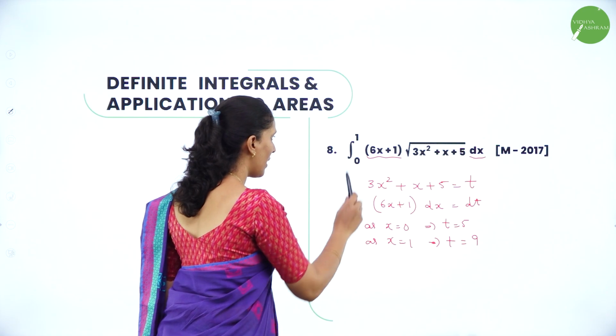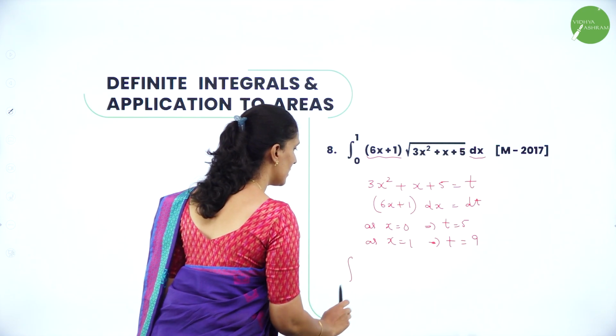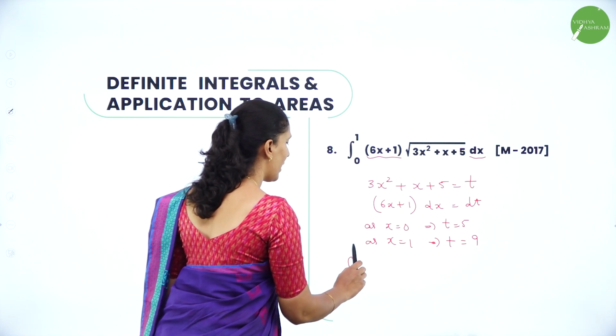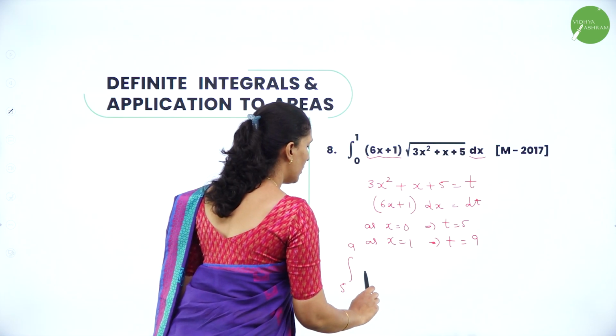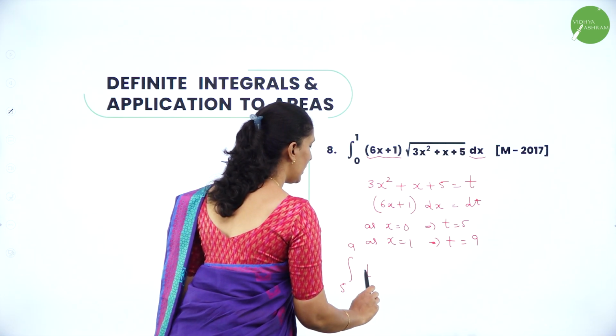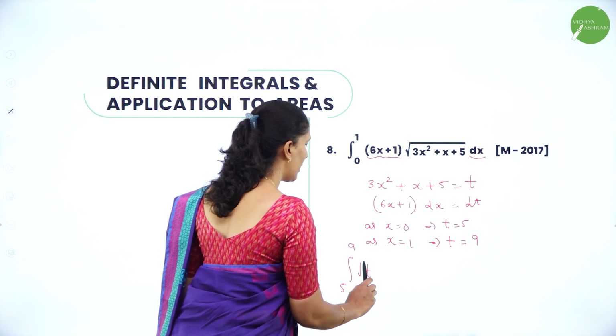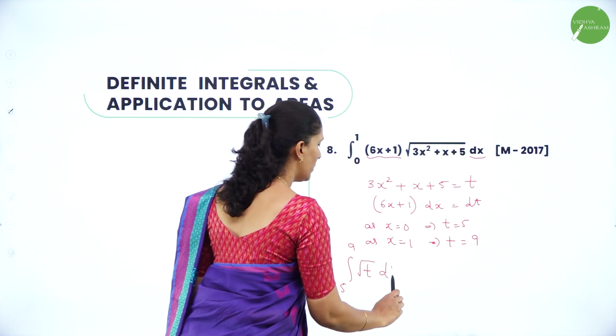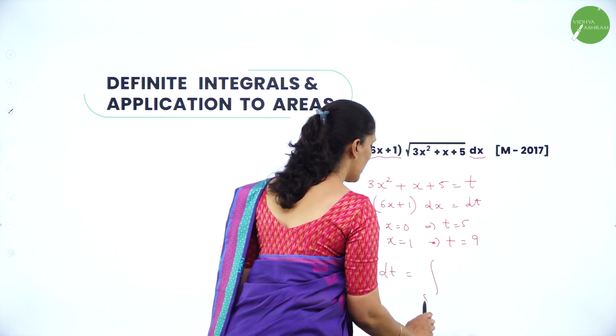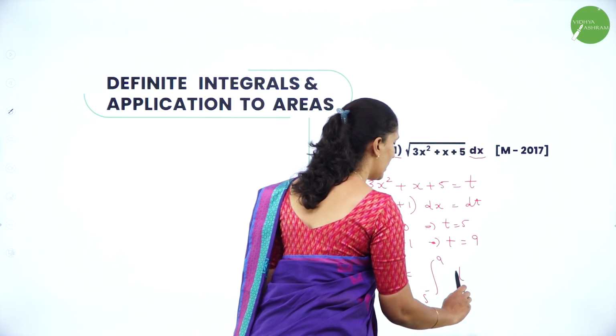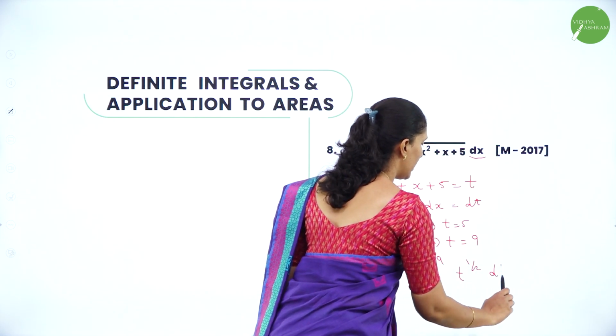So thus we can rewrite this integral as integral from 5 to 9. So here we can write it as root t into dt, or we can write this as integral from 5 to 9 t to the power 1 by 2 dt.